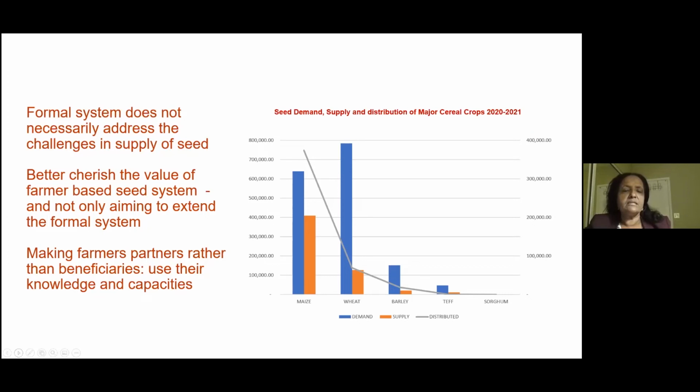Let us not consider farmers as beneficiaries, pump down our demand, and ask farmers to be involved as growers. Rather, we recognize farmers as partners. We use their knowledge and their capacity. We also use our capacity to address a complete success in the seed system.